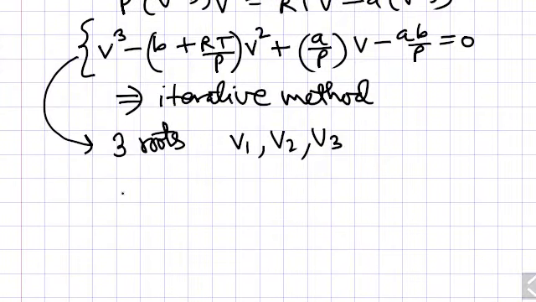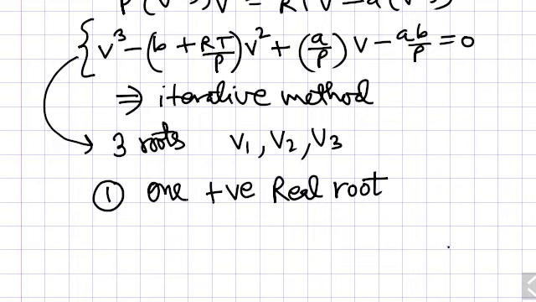So the rule is this: rule number 1 is, one thing is possible, that you will get only one real positive root. The other roots will be complex, or maybe negative roots. Those negative or complex roots you have to neglect, and you have to choose that positive real root.